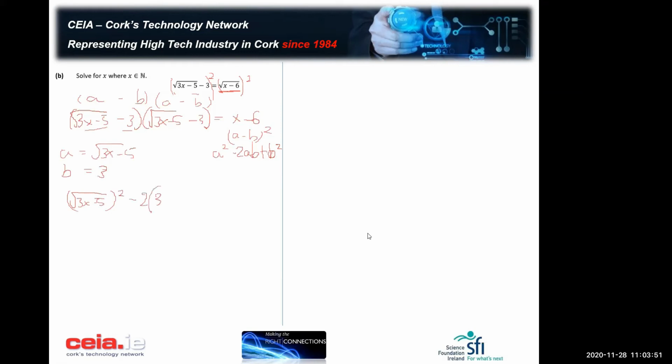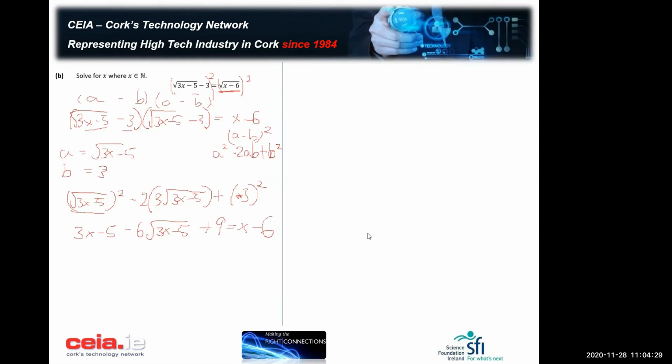So it's going to be 3 times 3x minus 5, plus b squared, which is 3 squared. So that's equal to, here now we have a square root and a square, so one will cancel the other. So we end up with 3x minus 5 minus 6 times the square root of 3x minus 5 plus 9 is equal to x minus 6.